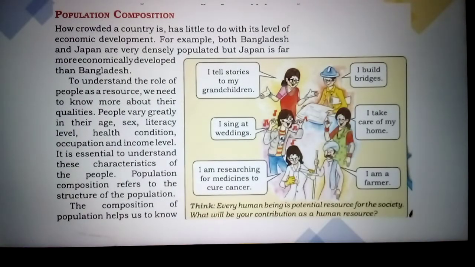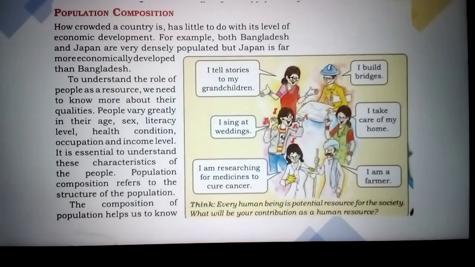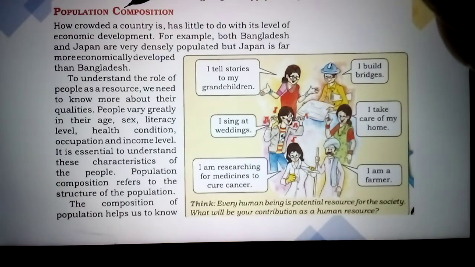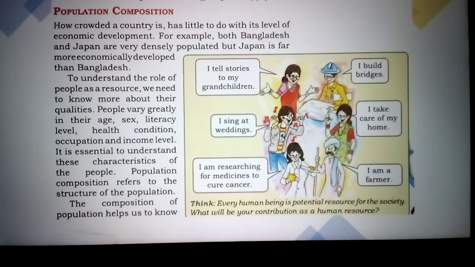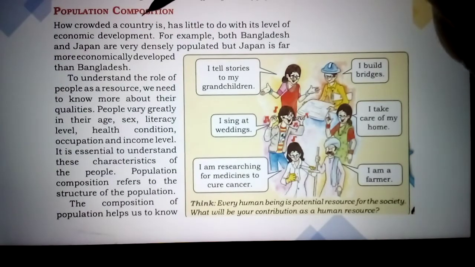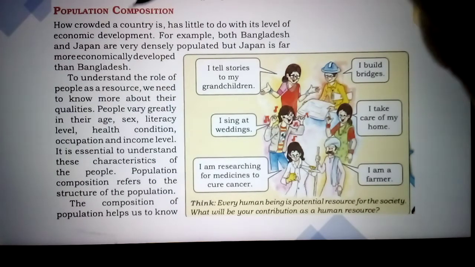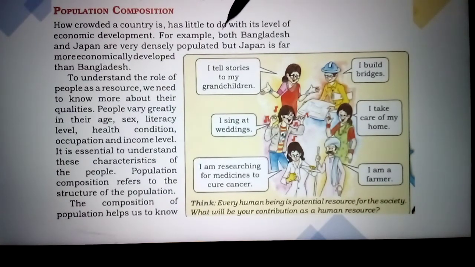See here, population composition. How dense and crowded a country's population is, the country's development also depends on it. Economic development also depends on the country's population. They gave one example here: Bangladesh and Japan.